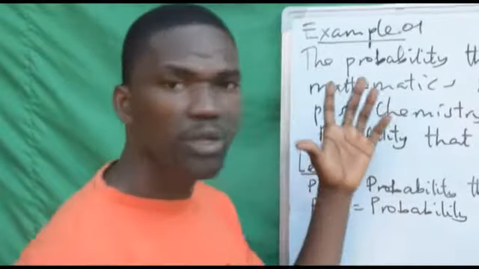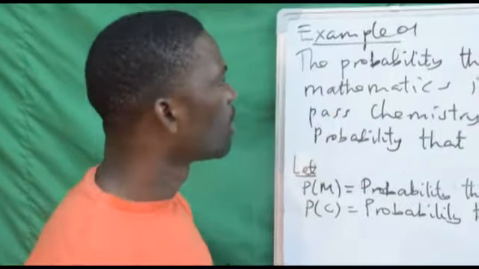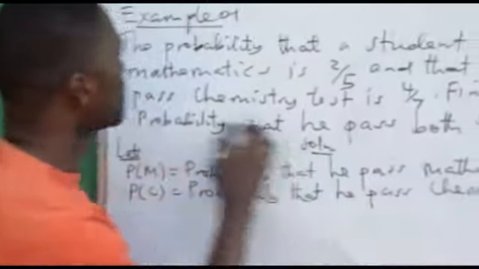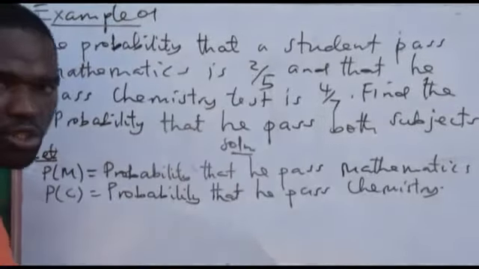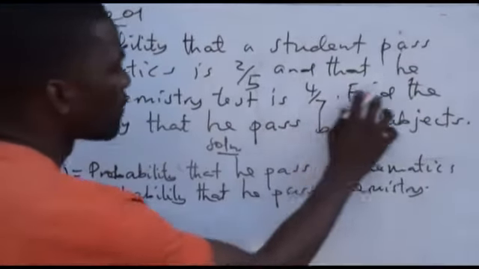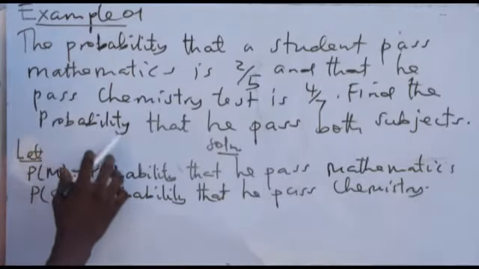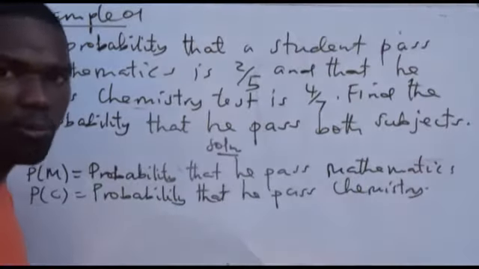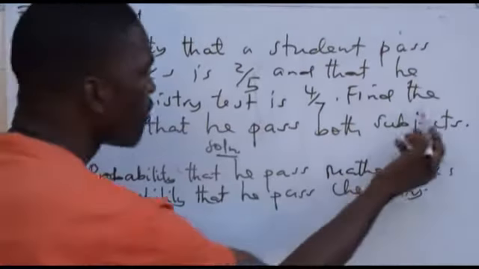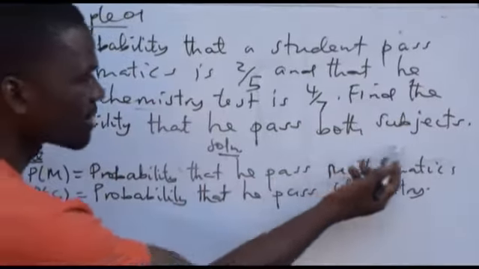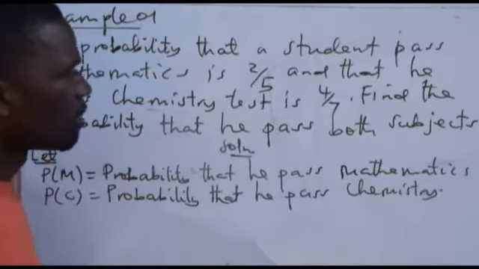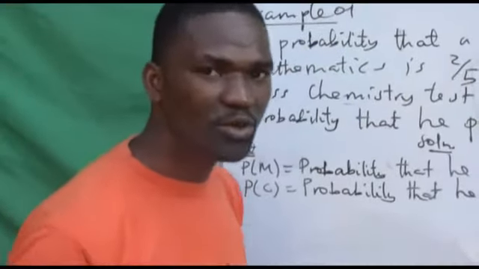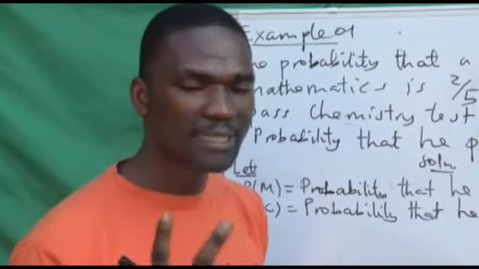Let's check example number 1. The question says the probability that a student passes mathematics is 2 out of 5, and the probability that the same student passes the chemistry test is 4 out of 7. Now find the probability that he passes both subjects. This question is talking about a student doing two different tests.